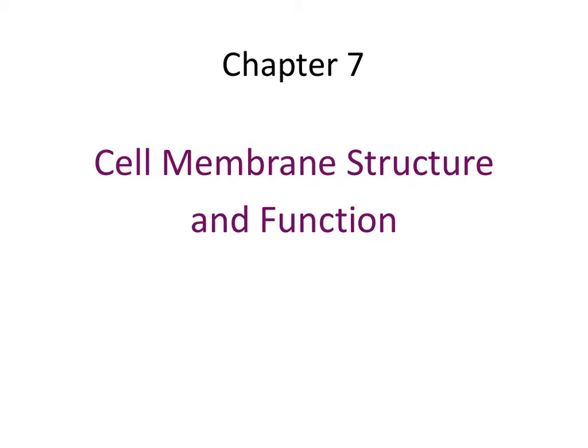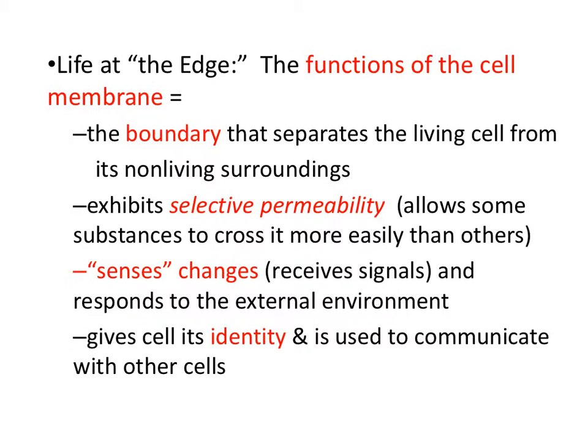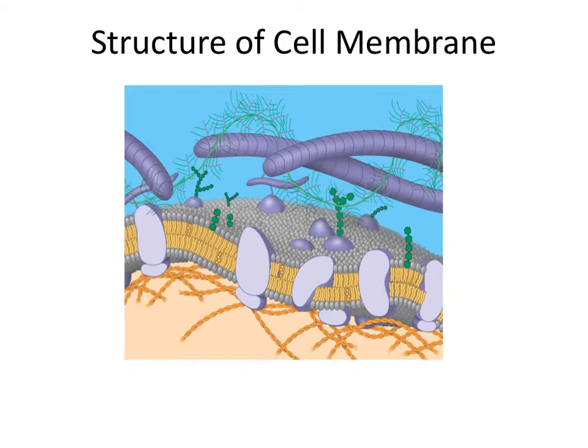So membrane structure and function. Remember we're talking about life at the edge of the cell, and for today, the most important thing is that it's selectively permeable. So some things can go across the membrane and some things cannot. You see the structure there.